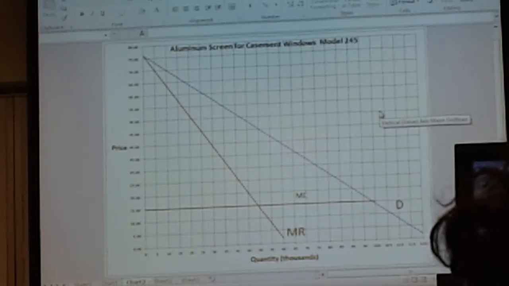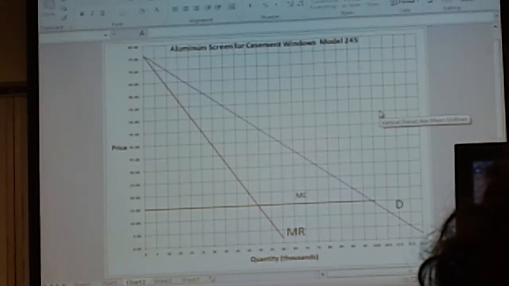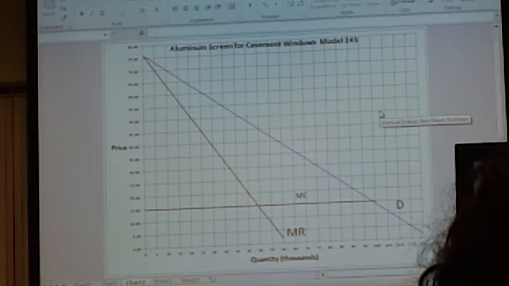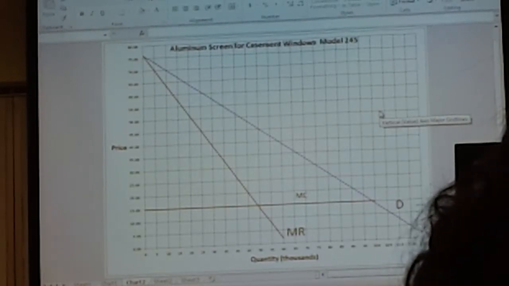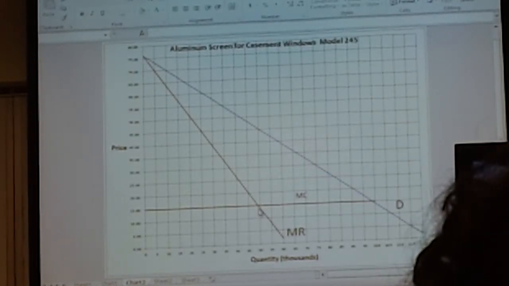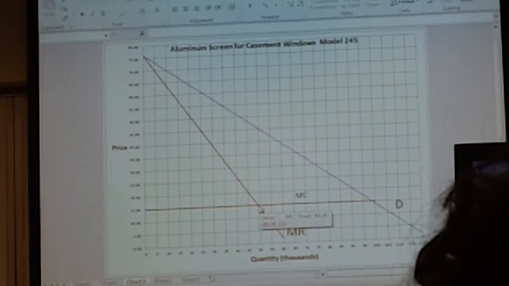If we know the average total cost, then we can work out the profit. But when the marginal cost is fixed, so is the average total cost.